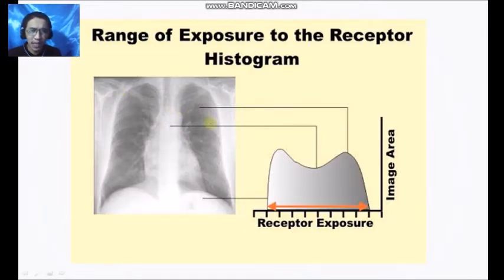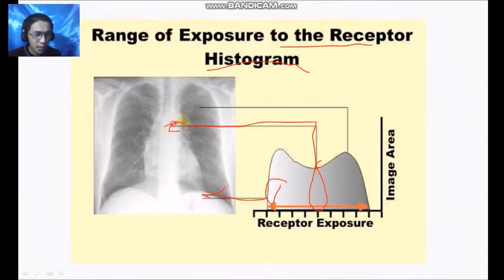Another very basic example of a histogram: this one, range of exposure to the receptor, is our histogram. This part of the histogram is this area of the radiograph, this area of the histogram represents this part of the radiograph, and this part represents this part of the radiograph.